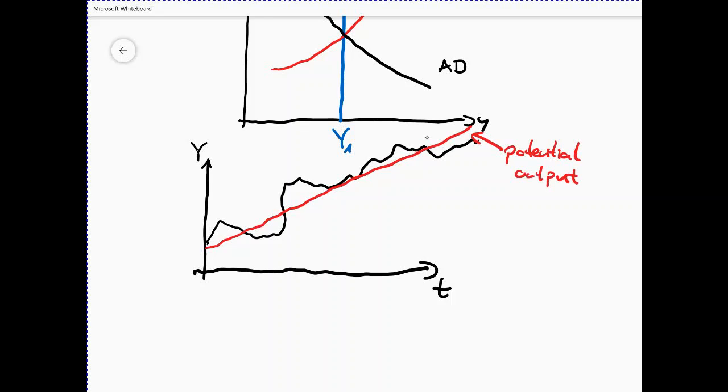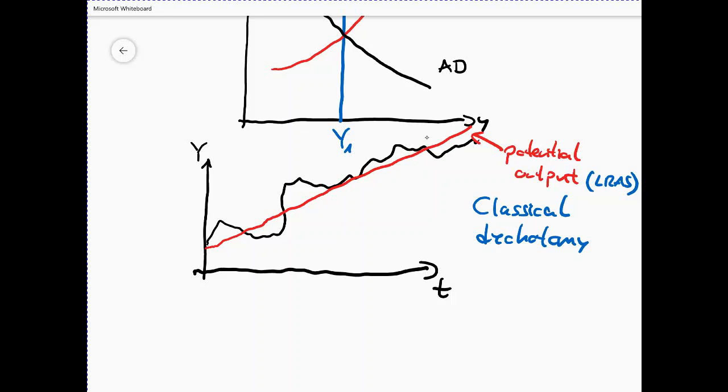This potential output is going to be represented by the LRAS, and it will not depend on the price level. That's when we would normally say that in the long run, money is neutral. And this is part of the classical dichotomy, which just simply means that in the long run, the nominal and the real side of the economy are independent.